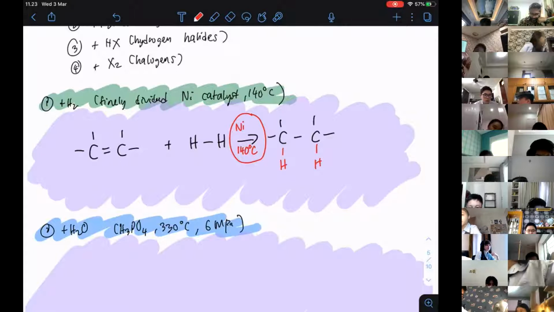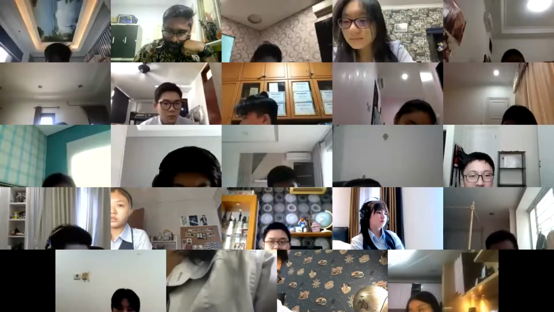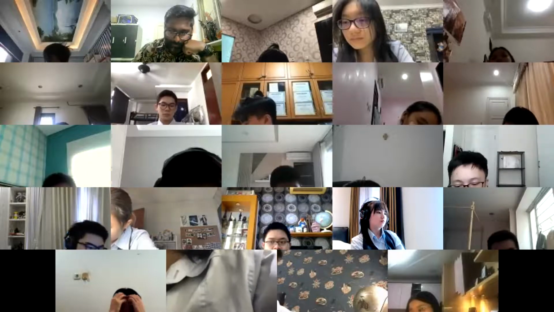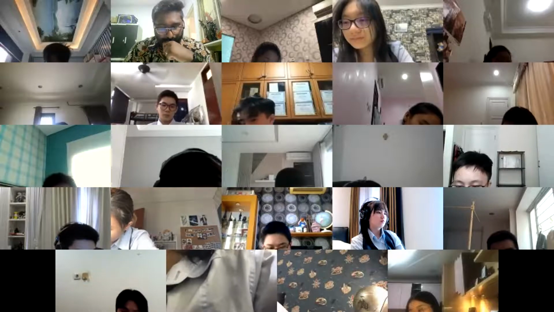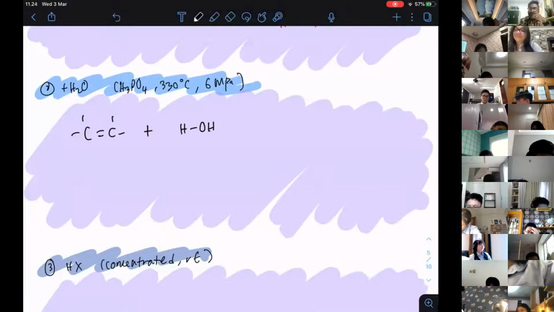Okay, it's quite laggy. You can see it over there. Carbon-carbon double bond, and then with HOH. So H2O, I'm going to change it into HOH.